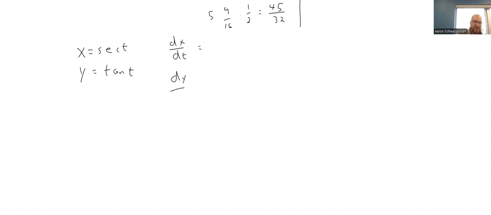So I simply take the derivative of the secant squared. Secant squared or secant? It's secant t tangent t. dy/dt is secant squared.